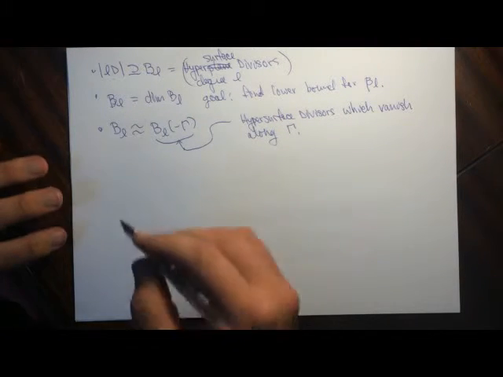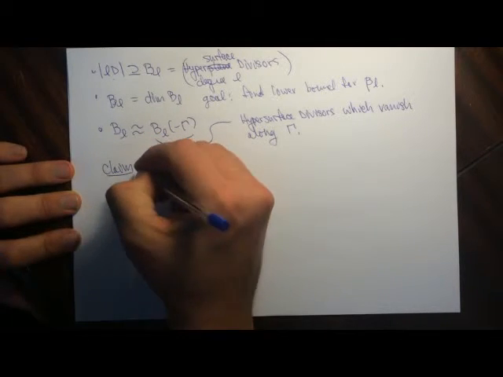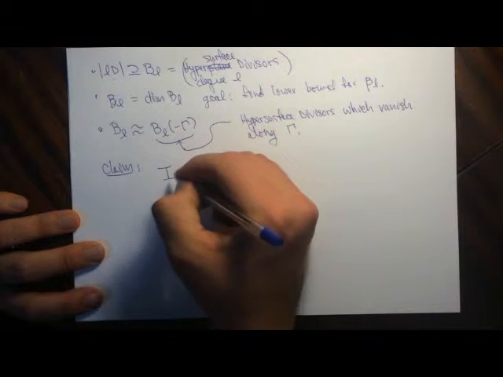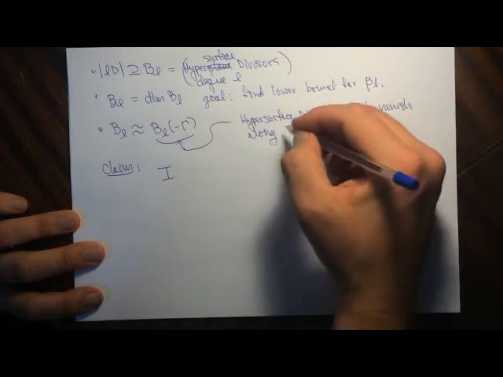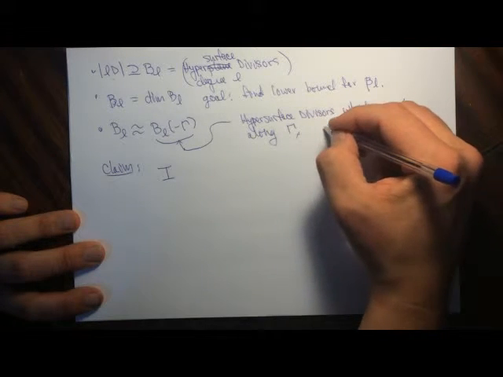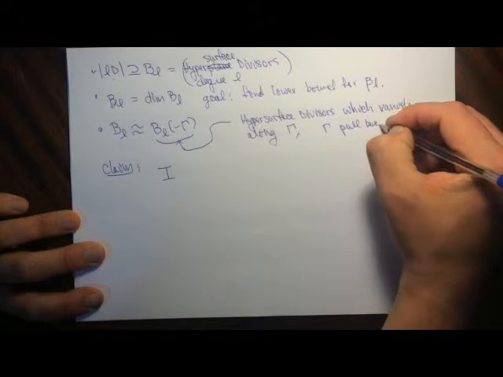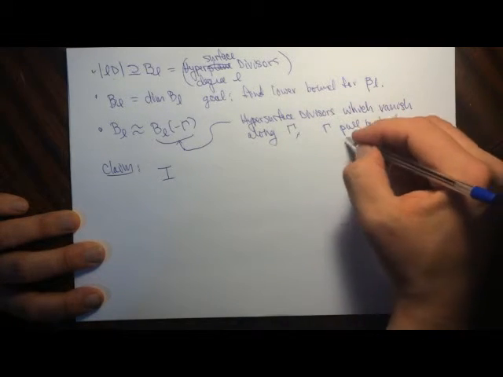Okay, and so one of our claims is that, let's say gamma is the pullback of a generic hyperplane.